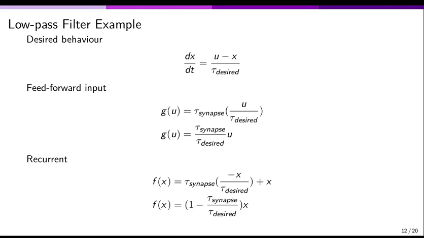So, I've got some input U, and I've got some value X, and I would really like X to be a smoothed version of U over some time window. I go and ask my nearest engineering friend, what's the differential equation for a low-pass filter? And they tell me this. There is some time constant of the low-pass filter, and that's the differential equation for it. And we say, okay, fine. This is how I would like my system to behave.